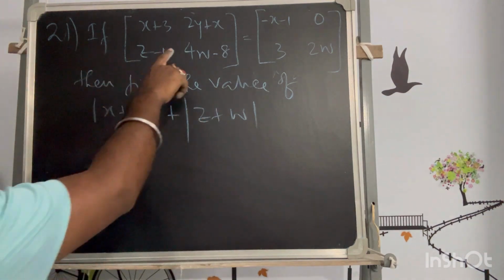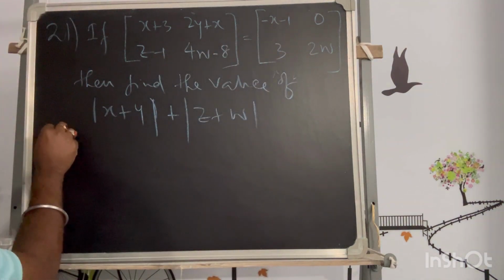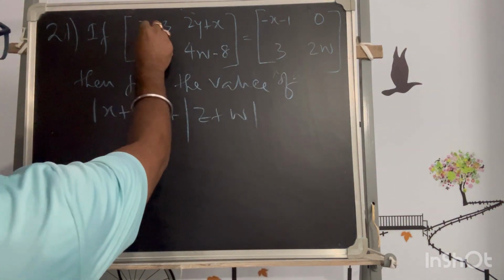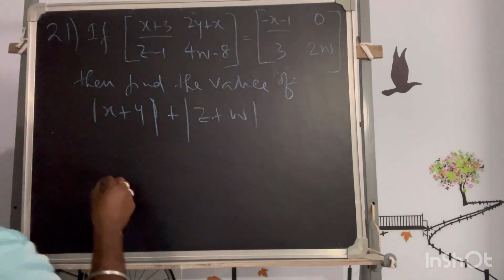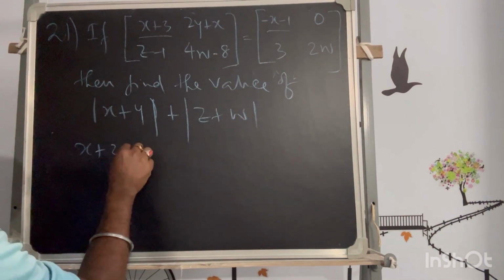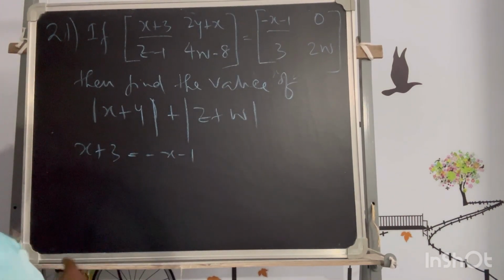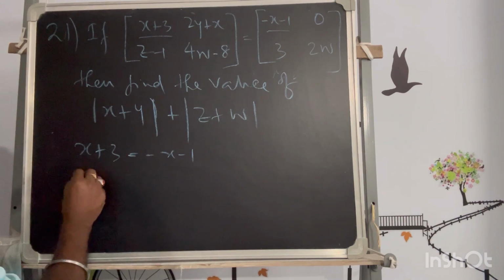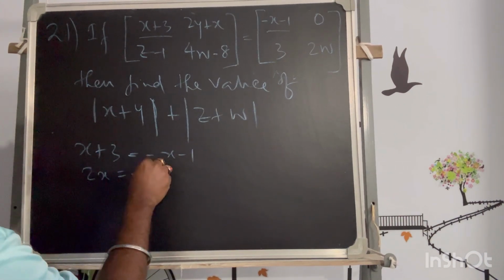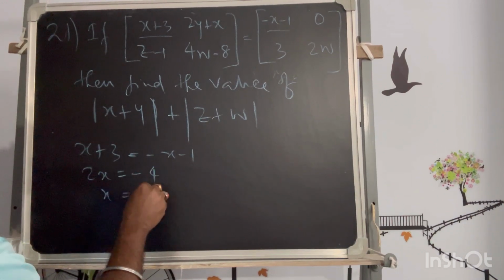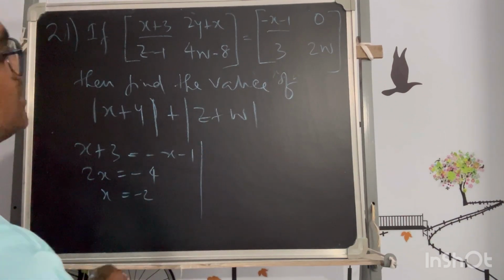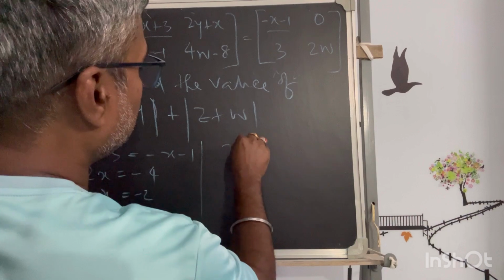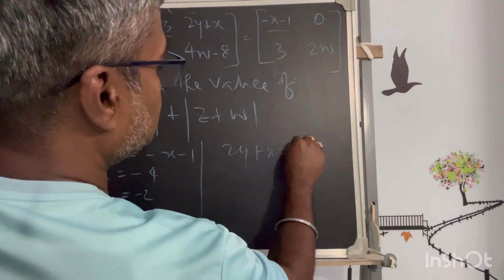Now if two matrices are the same, what we can write is that the respective position elements are the same. So x plus 3 is equal to minus x minus 1. This is the first equation. There is no other variable, so we can solve for x. So 2x is equal to minus 4, x is equal to minus 2. So the first value is found. Then 2y plus x is equal to 0.